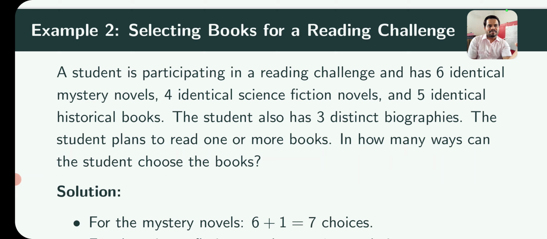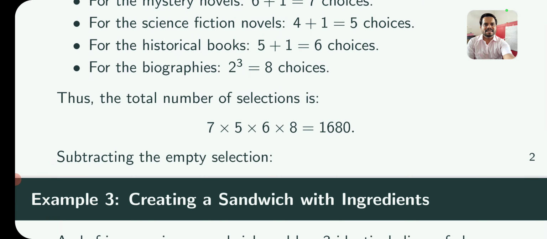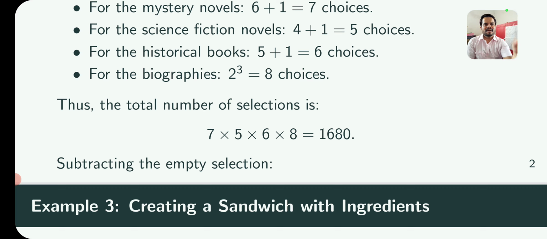And for biographies, there are 3 distinct biographies, that's why 2 cubed, which means 8 choices. So the total number of selections is given by 7 × 5 × 6 × 8, so 1680. By subtracting the empty selection, that is minus 1, we get the required result.